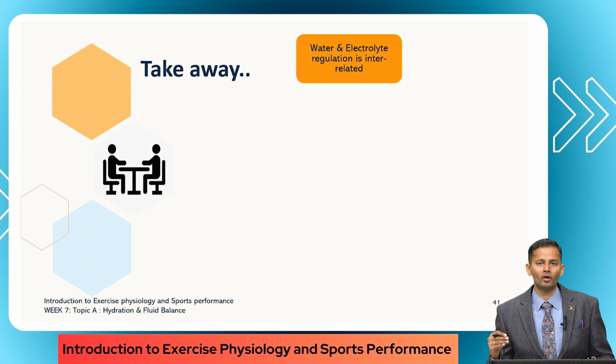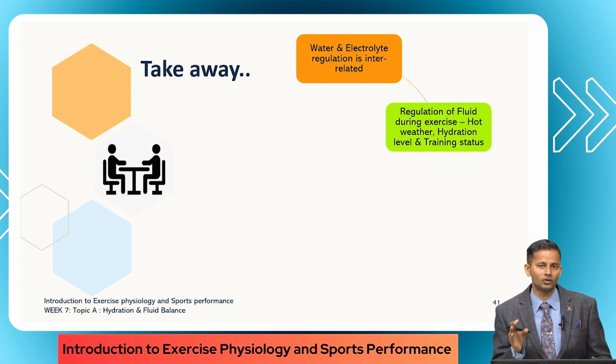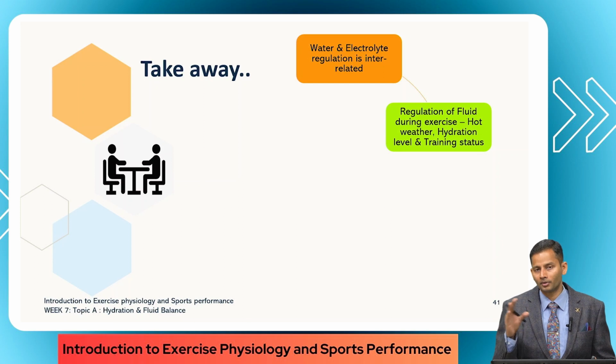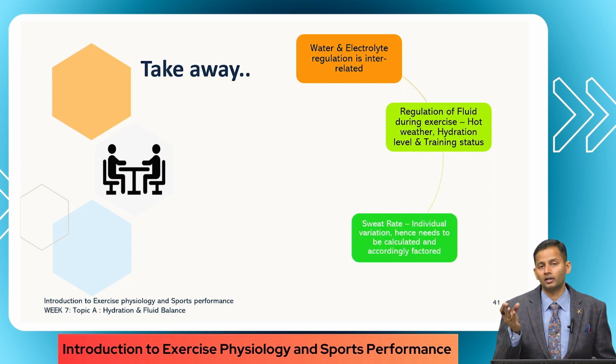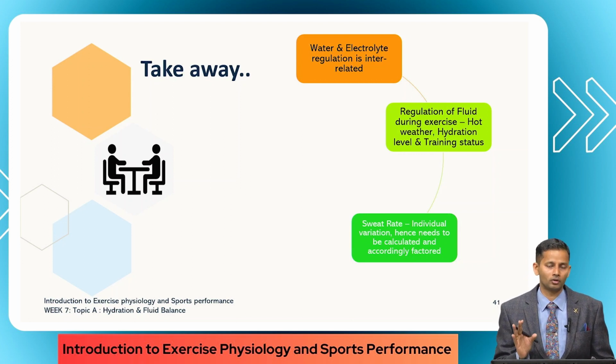So the takeaway points from this particular module is that water and electrolyte regulation is interrelated, and the regulation of fluid during exercise depends on the hot weather, the intensity and the duration of the exercise. Sweat rate is individualized, it depends on multiple factors that I had brought out. So all these factors have to be considered.